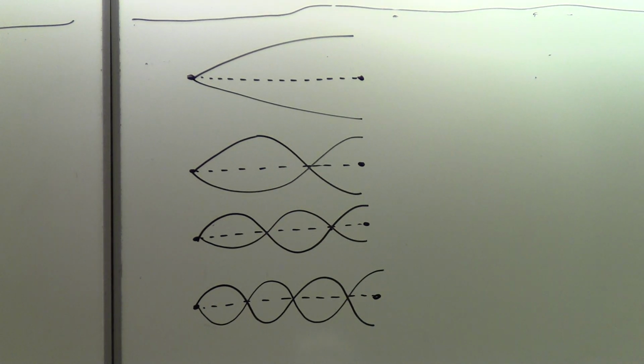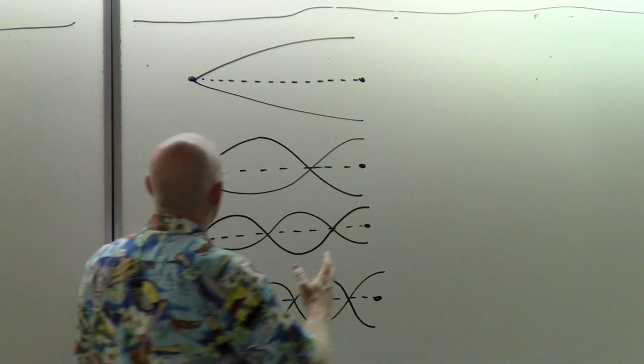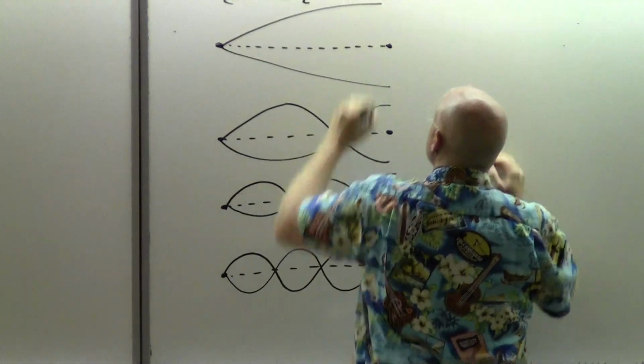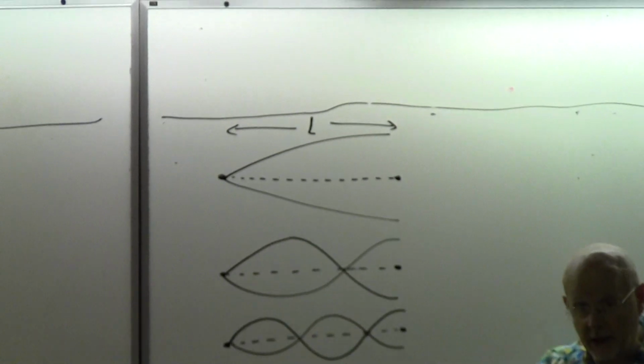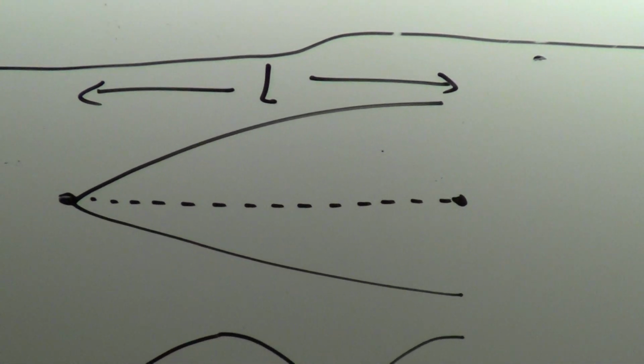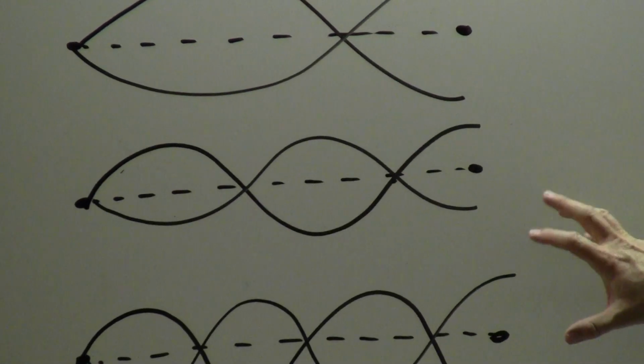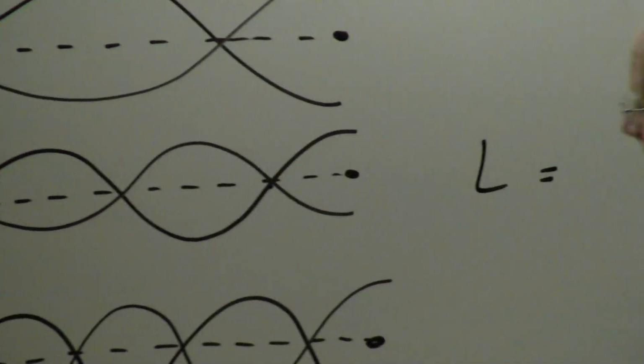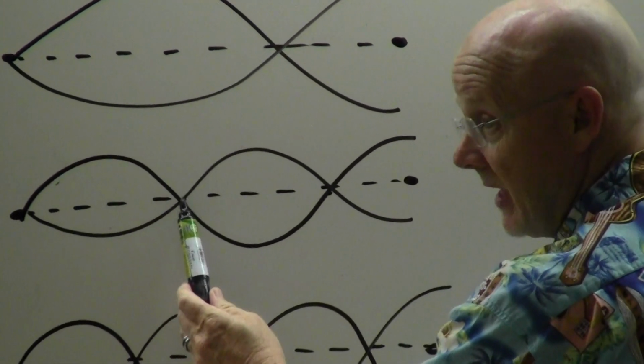So let's see if we can see it. Again, if we call this L, the length of it, which again for this problem is 2 meters, maybe it's easier to start down here. What's this one? Well, L equals, and you can see we have one hump, so that's a half wavelength.